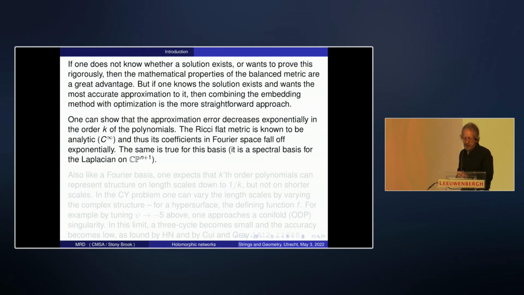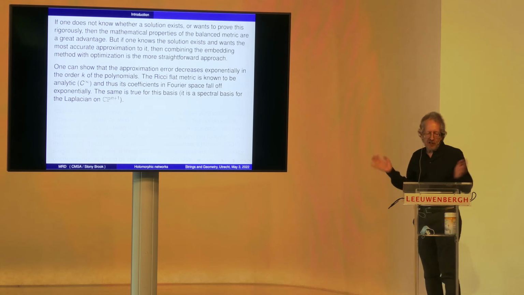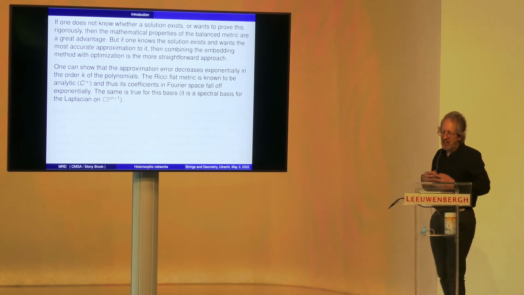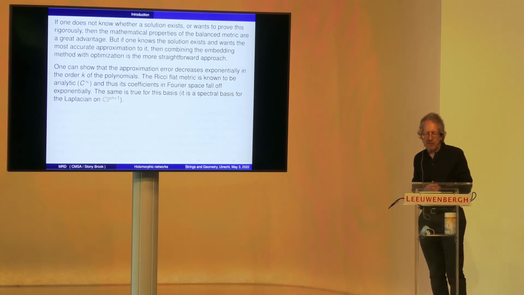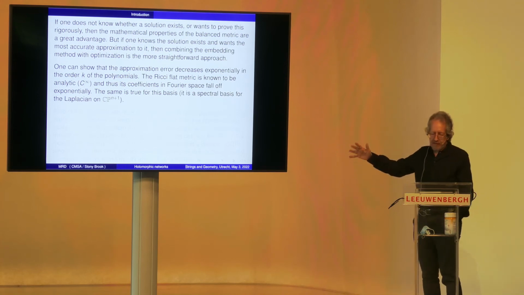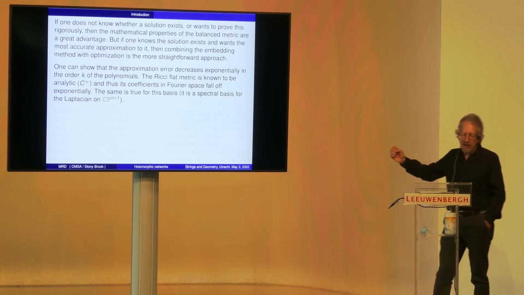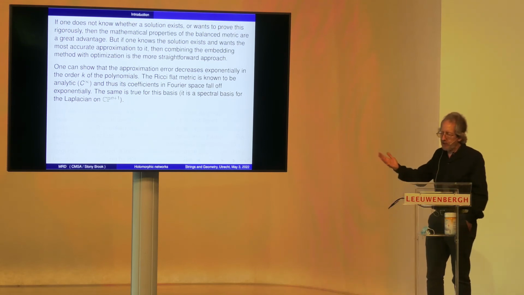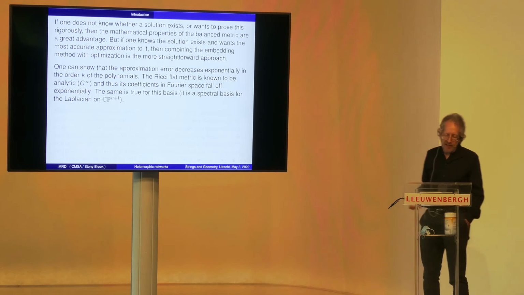Okay, and then coming back to this point about why this and not some other method, it'll be familiar that if you Fourier transform a smooth function, then in Fourier space it falls off exponentially, and one has the same statement for all these kinds of spectral expansions. If you expand in the successive eigenfunctions of the scalar Laplacian, you can show those coefficients fall off according to the degree of smoothness, so exponentially for a smooth function and so forth.